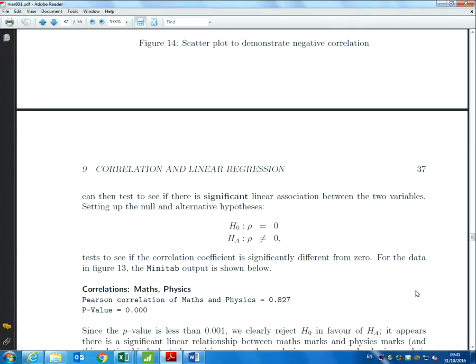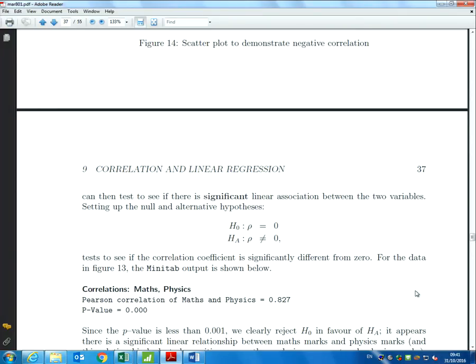Okay, what does it mean for a correlation coefficient to be 0? If +1 is perfect positive correlation, -1 is perfect negative correlation, what would 0 be? It's no correlation at all, is it? No relationship. So the null is saying that the correlation coefficient is 0 in the wider population.